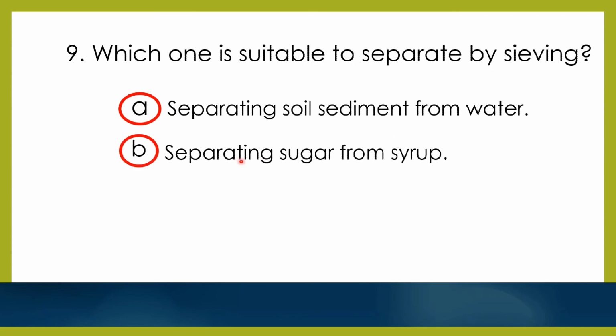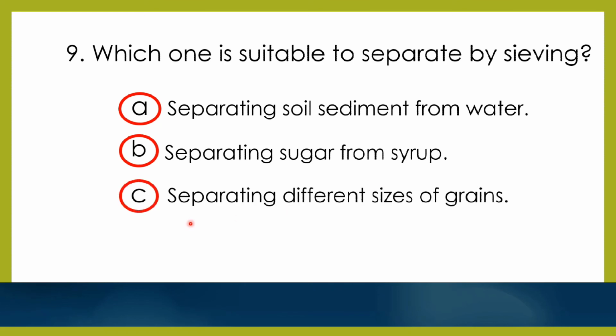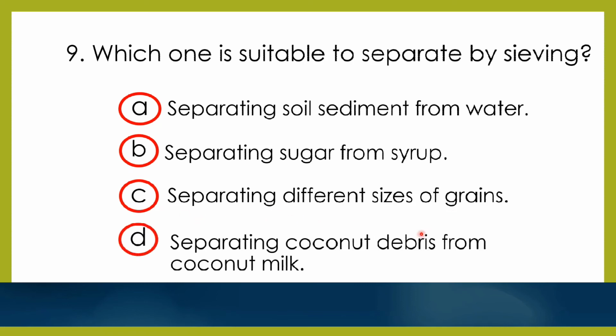Letter B, separating sugar from syrup. Can we use the sieve when we're going to separate sugar from the syrup? Letter C, separating different sizes of grains. And letter D, separating coconut debris from the coconut milk.